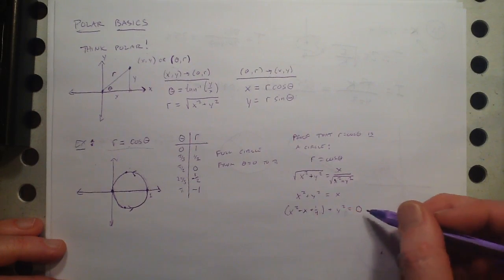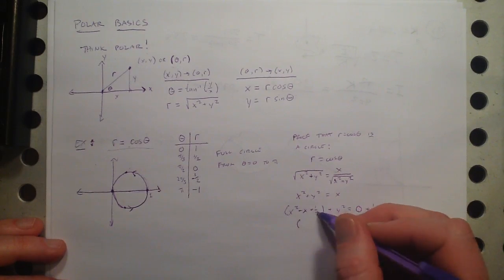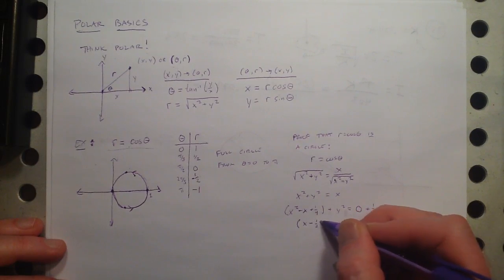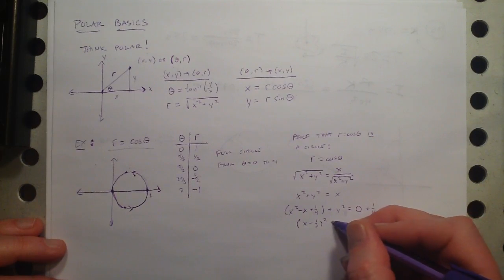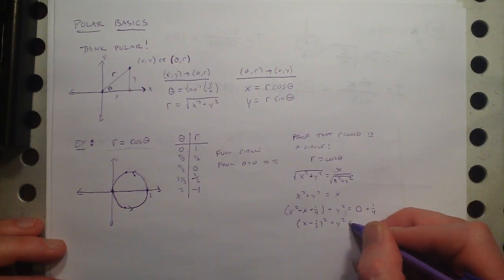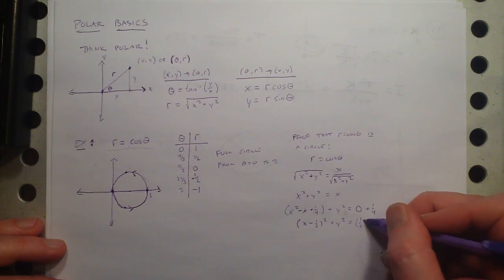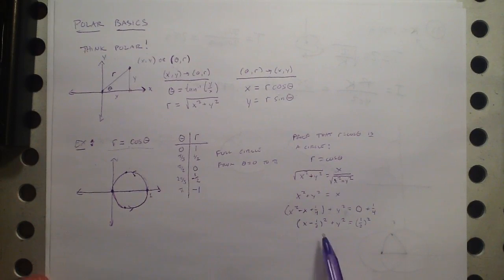And if I add that to this side, I have to also add it here. The reason we complete the square like that is because now that's a perfect square. You can FOIL that out and check that if you want, if you're a little rusty with that. Equals 1/4. And I'm going to write that as 1/2 squared. So there you go. Now we've got a circle in standard form where the center is at 1/2 comma 0 and the radius is 1/2, which is exactly what we have here.